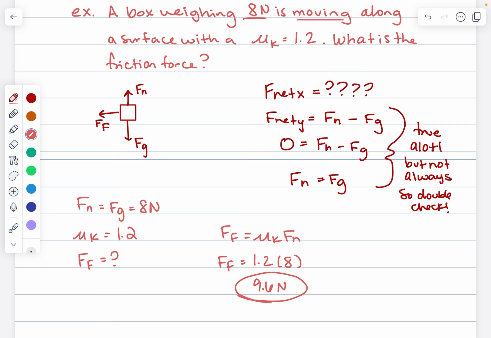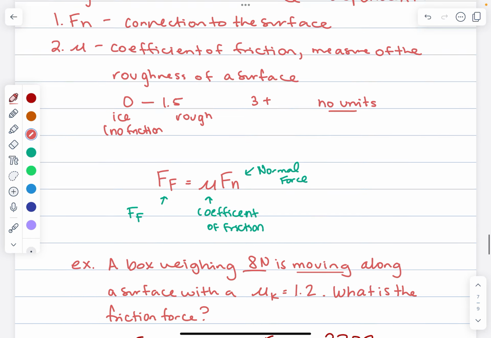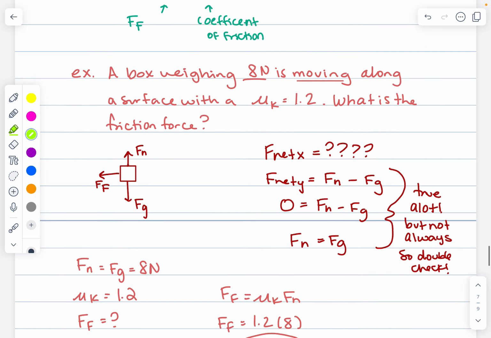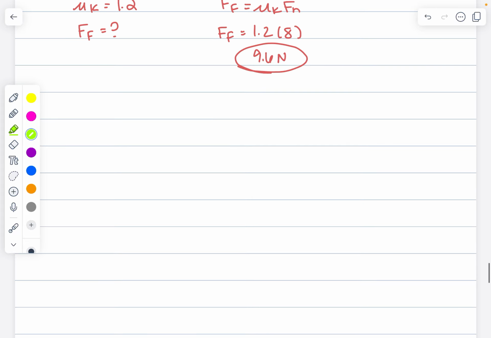It's an equation for friction I'm allowed to use. Maybe I use my F net equations like we did up above to find the force of friction, and then I use the normal force to go back and find the coefficient of kinetic friction. That's possible. But both of these equations can help me find friction. I can do it the old-fashioned way or using this new equation.